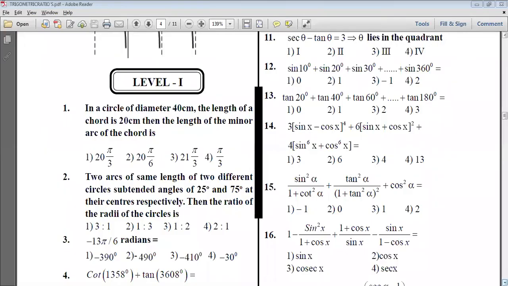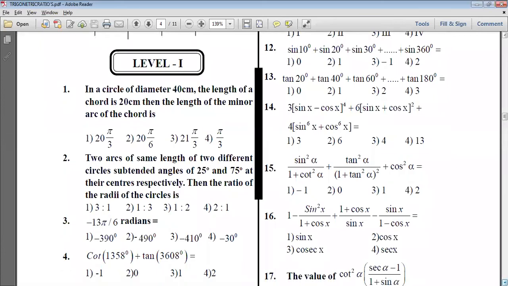Next, look at the next problem. 13th problem. Observe this problem; the same problem is also available in our 10th class, in the descriptive.